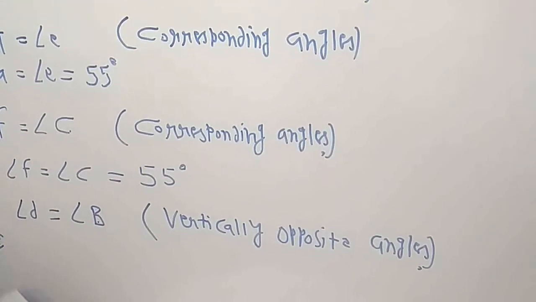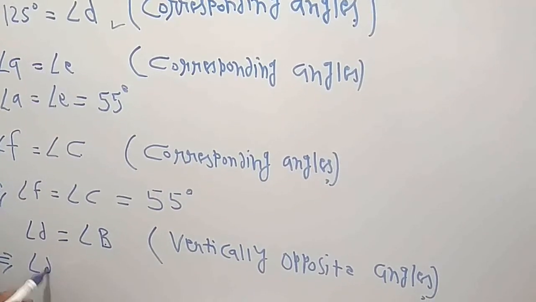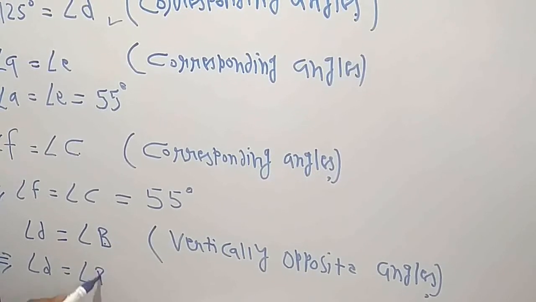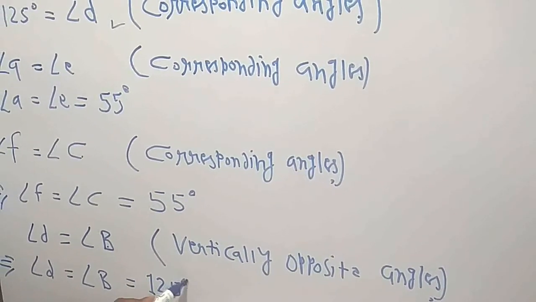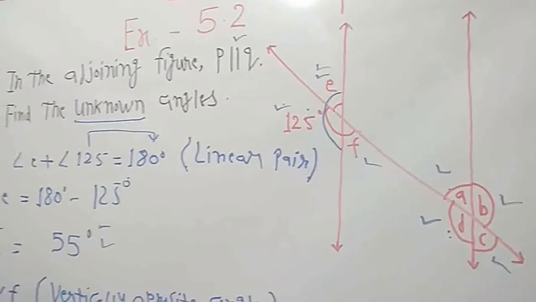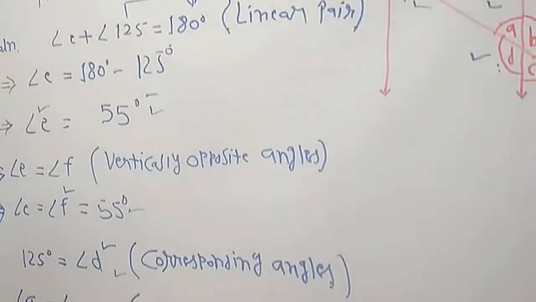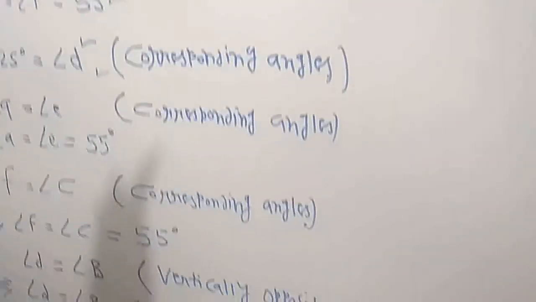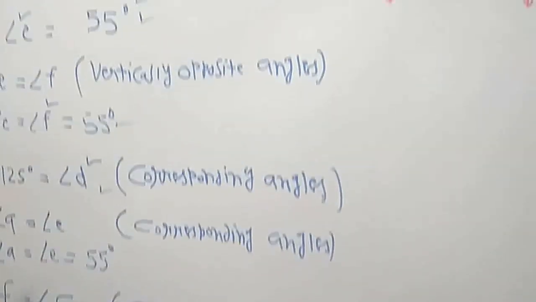The value of angle D is 125, so angle D is equal to angle B is equal to 125 degrees. Derived, all the unknown angles are derived. This is one way of deriving the values of unknown angles. You can take any one first and then derive the values for the others.